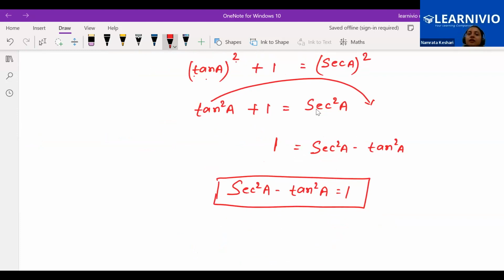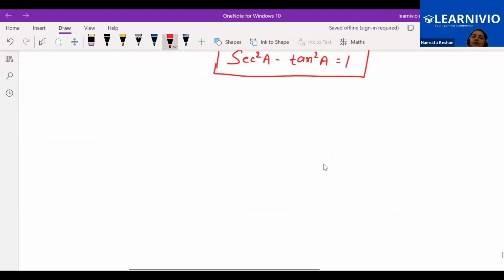Now the third identity is cosec square A minus cot square A is equal to 1.